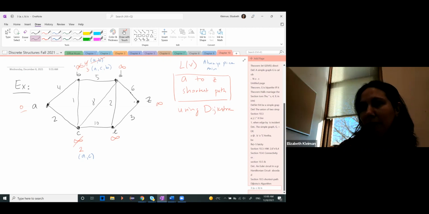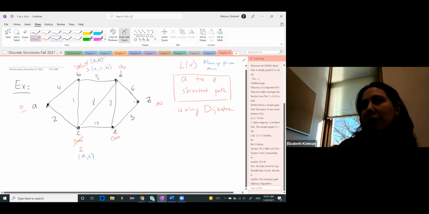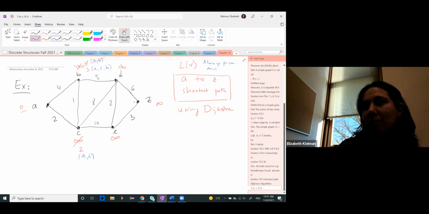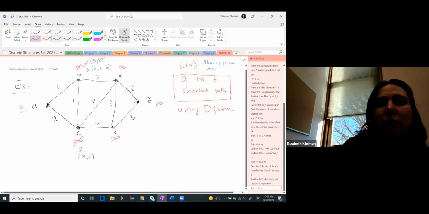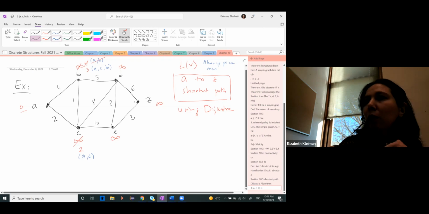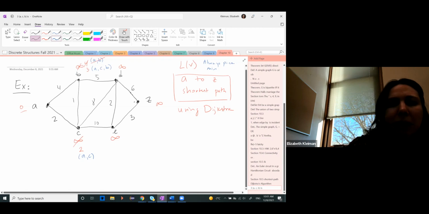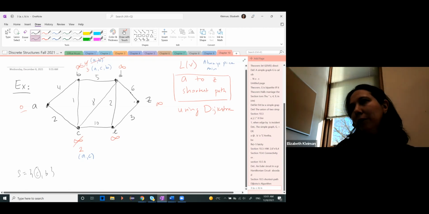Does that make sense? Whom else should I update? You're always looking at the smallest one. We are going with C because C has smaller values than B, and we are already done with A. So you can think right now that my S has C, B in it, but I focus on C because C has minimal weight.